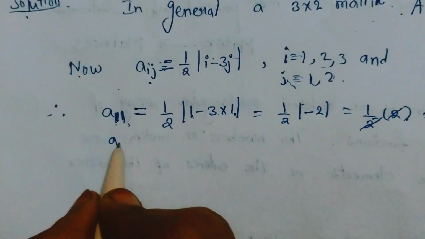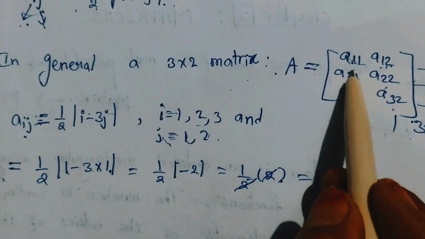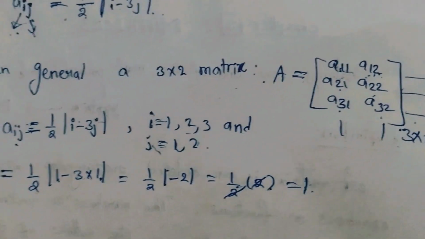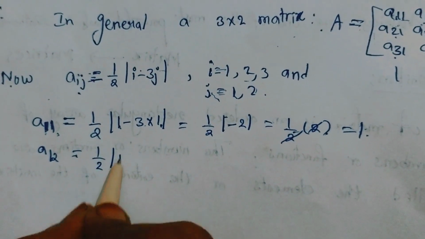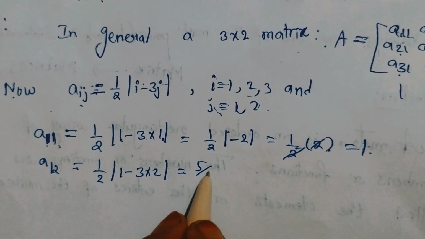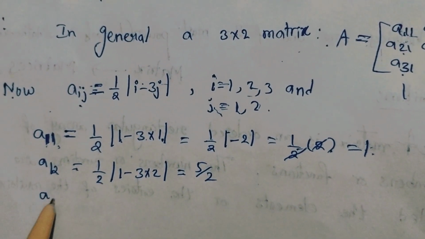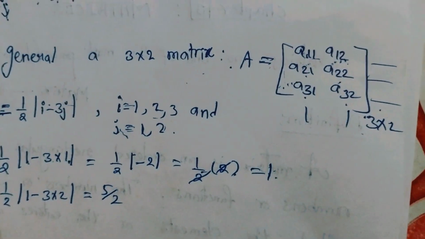Next is the value A12. After A11, the next is A12, which is 1 by 2, mod of 1 minus 3 into 2. We get the value 5 by 2. And next A21, which is in the second row.